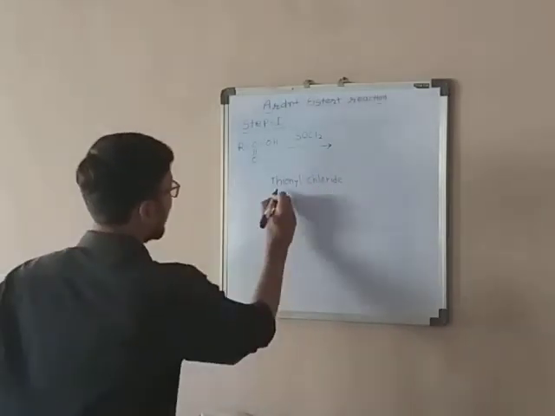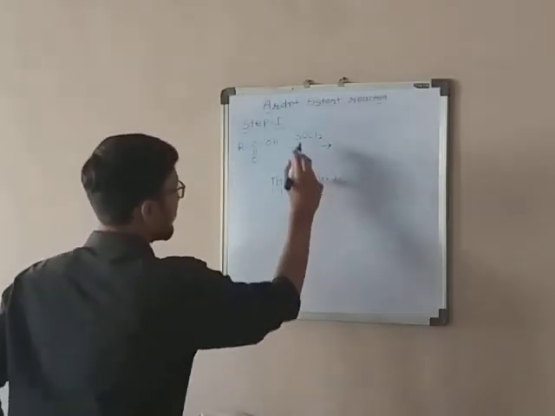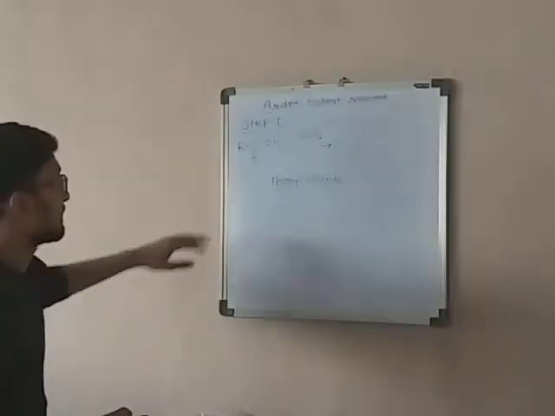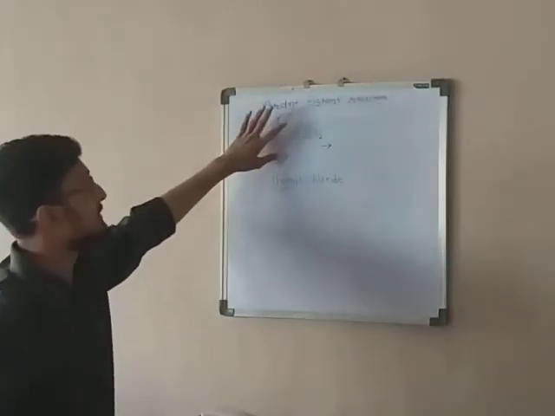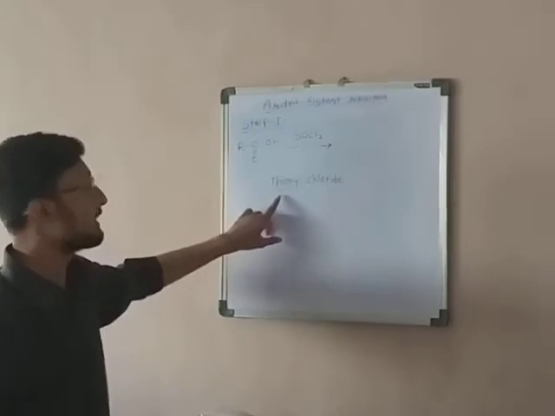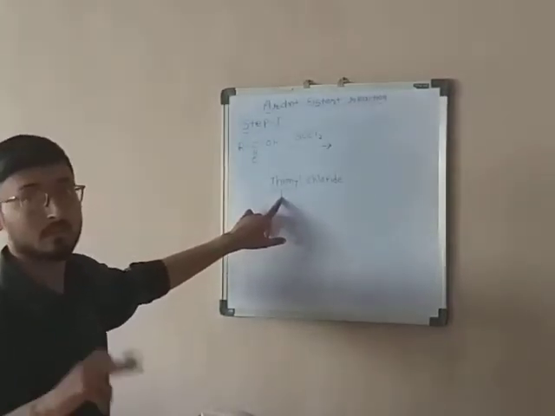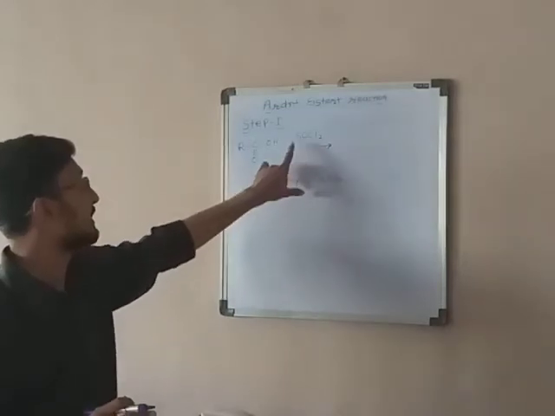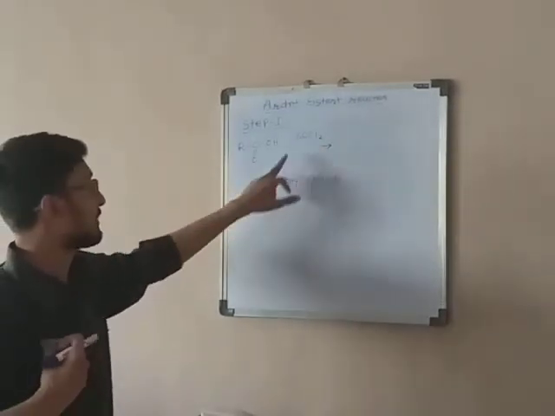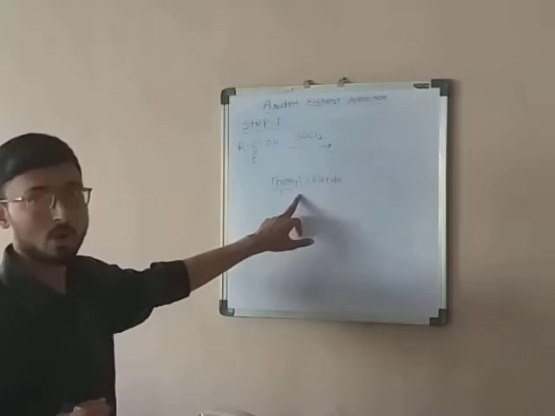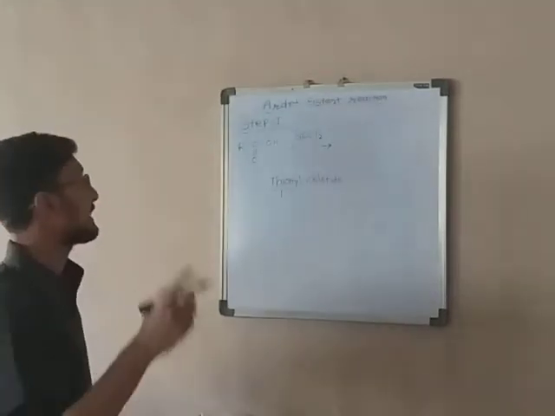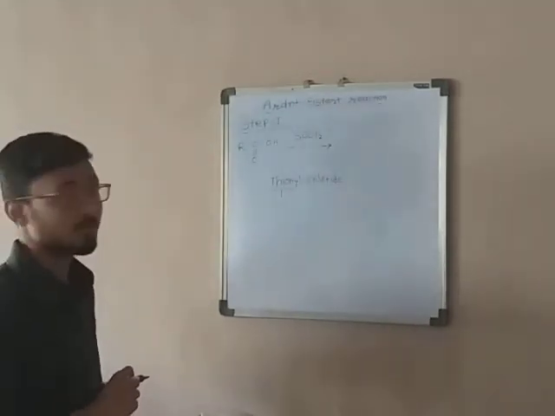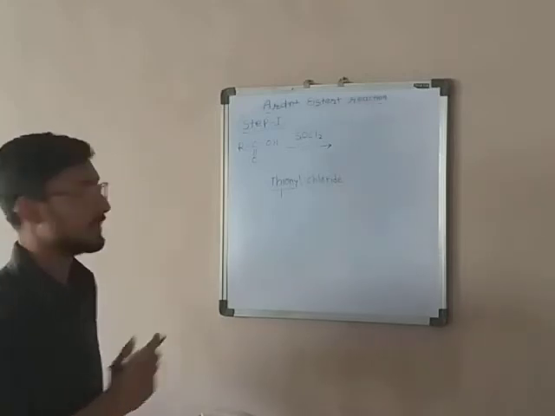Note that the word thio stands for the sulfur atom, right? So whenever you see a sulfur atom, you can use the word thio, or vice versa. Whenever you see the word thio, it suggests the presence of a sulfur atom, right? So this compound is called thionyl chloride. But there are some other reagents which can be used here.